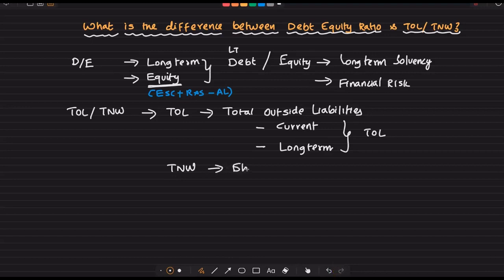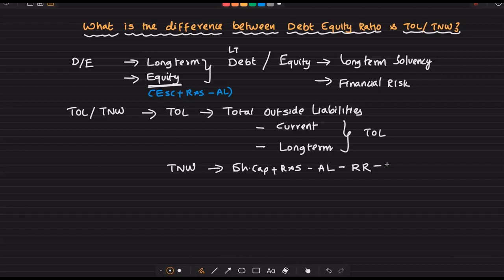With that, reserves and surplus are added and accumulated losses are subtracted. And in addition to that, if there are any revaluation reserves, they are deducted. That is, if revaluation reserves are included in reserves and surplus, they are deducted.